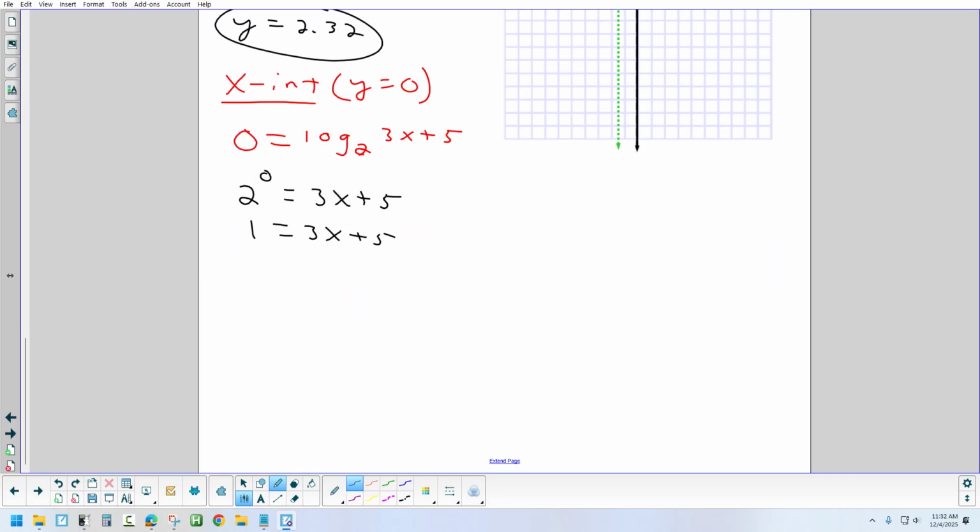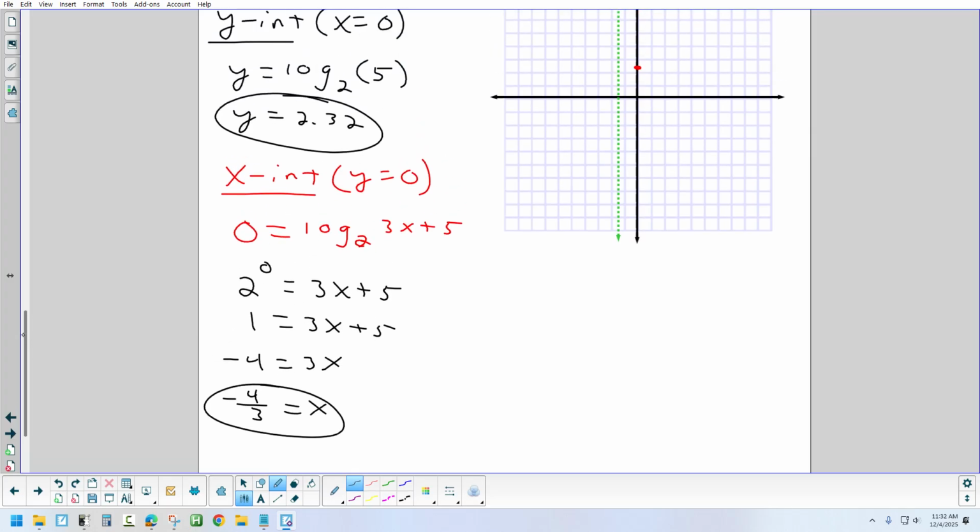Subtract your 5. You get negative 4 equals 3x. So x equals negative 4/3. So negative 1.3 repeating.